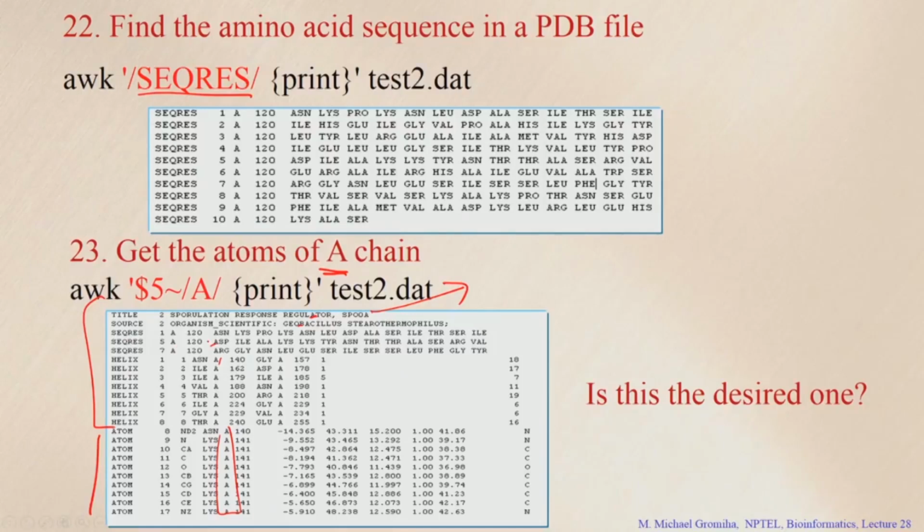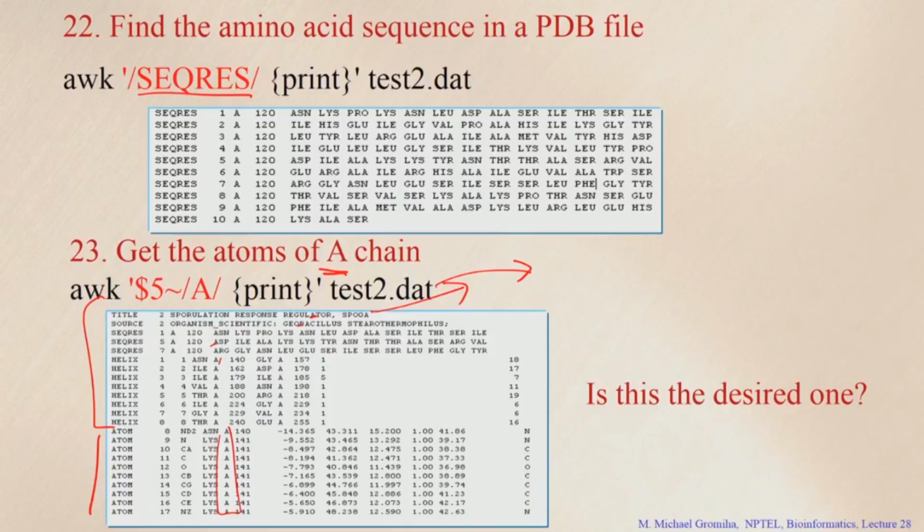So, if you give this command, what will it do? It searches whether field number 5 contains A. If it contains A, it will print, right. So, this is some A's print, this is not the desired one, we do not need this, we need only the atom records. So, in this case, how can we get the atom records? The first field should be atom.